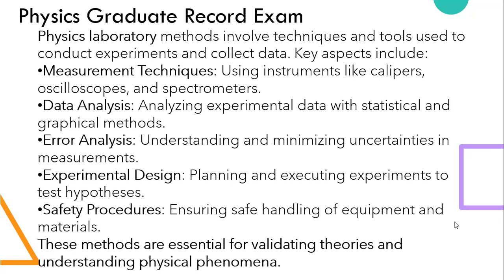Or something will happen in the lab that's not understood, and then we send it to the theoretical physicist. And finally, we have computational physicists, and what they do is try to find computational, computer-aided solutions to various physics questions.